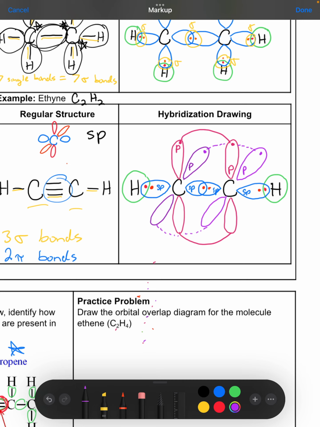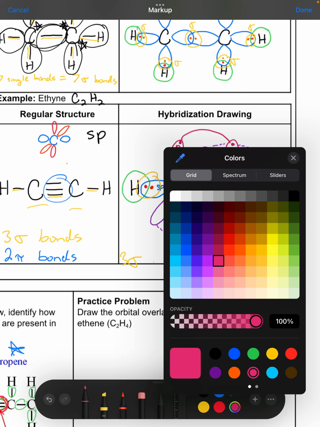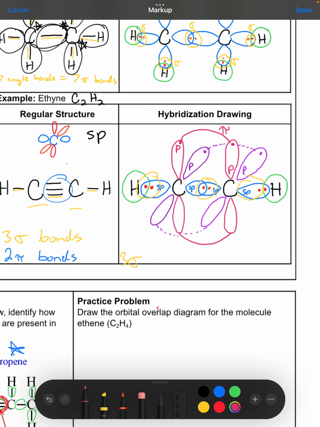So this one looks a little bit crazy, I'll grant you, but literally what is happening is, again, we have those 3 sigma bonds here, here, and here, so those are the 3 sigma, and then every time you see that extension over distance between a p orbital, here's one of the pi bonds happening here, and then here is the other pi bond happening there.